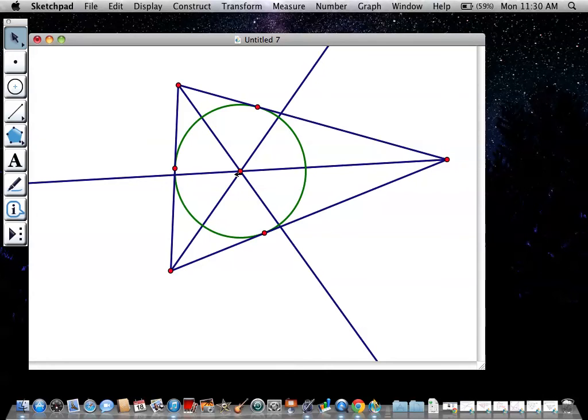Notice they all run through the center point of the circle. So the incenter is the center point of a circle inscribed inside of a triangle. So for the circumcenter, the circle is outside of the triangle. For the incenter, the circle is inside of the triangle.